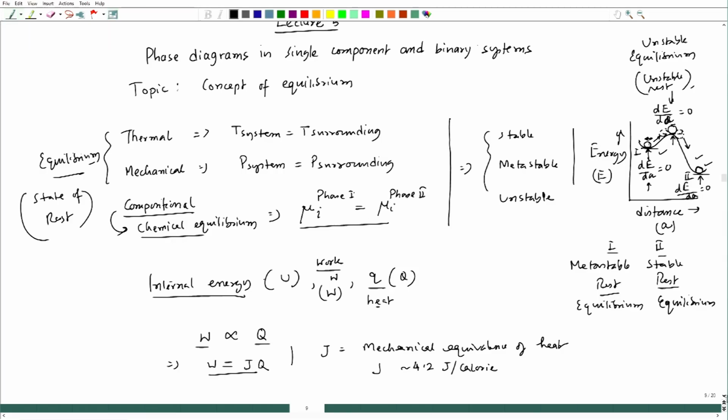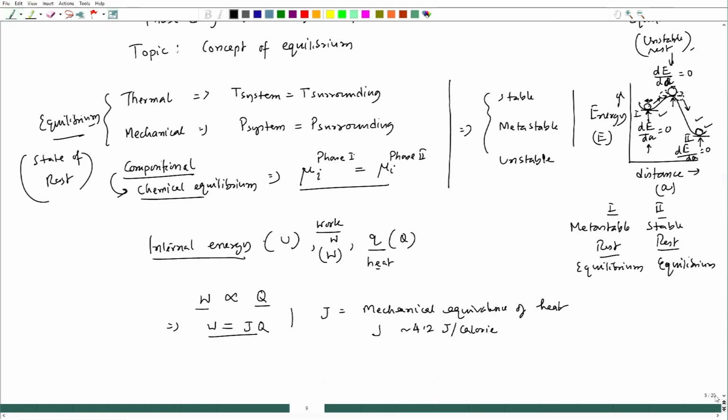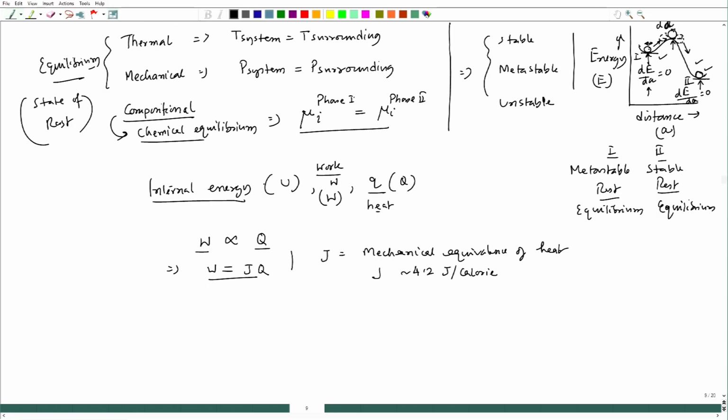Now, when I consider internal energy, work and Q, let us consider a closed system. A simple system, let us say an ideal gas, a single component gas.